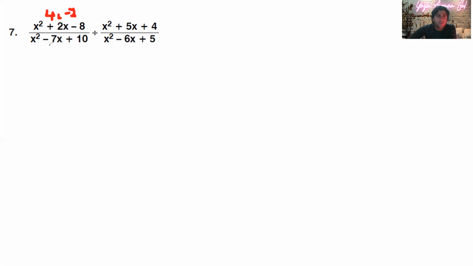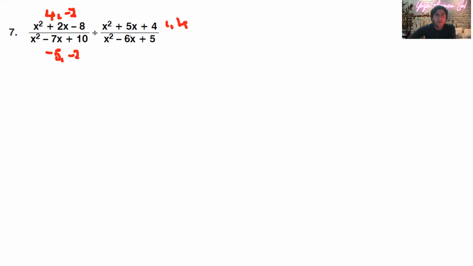In the bottom, x squared minus 7x plus 10, that is going to be negative 5 and negative 2. Then I have x squared plus 5x plus 4, and that is going to be 1 and 4.